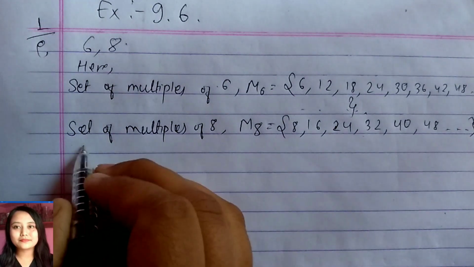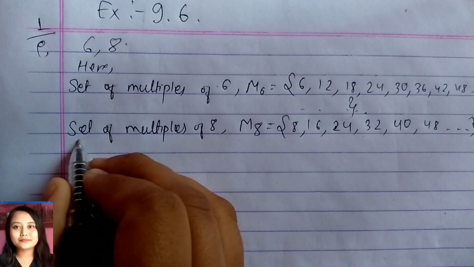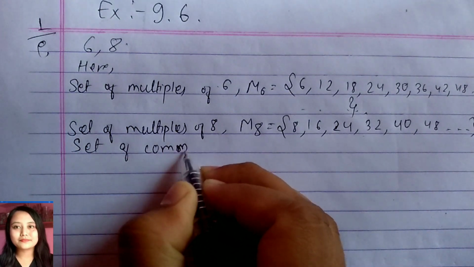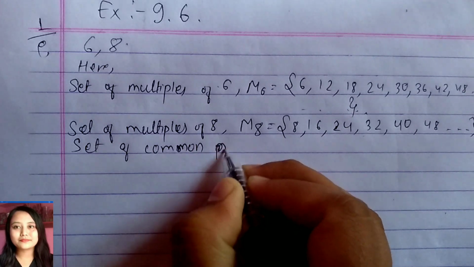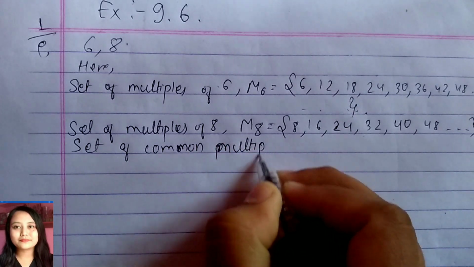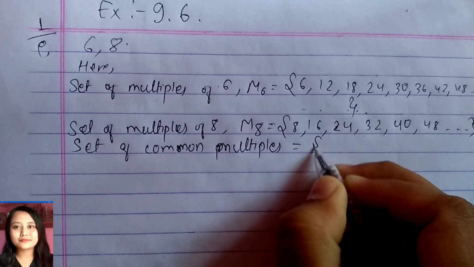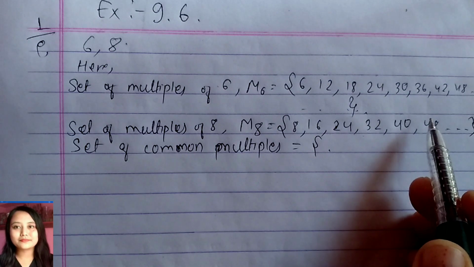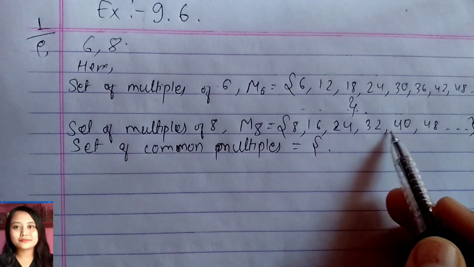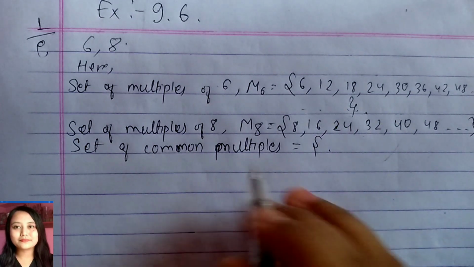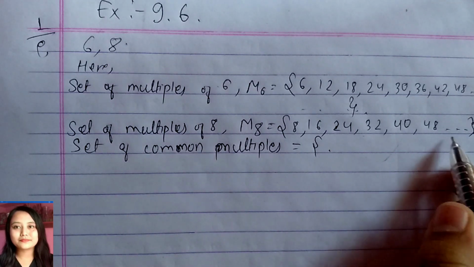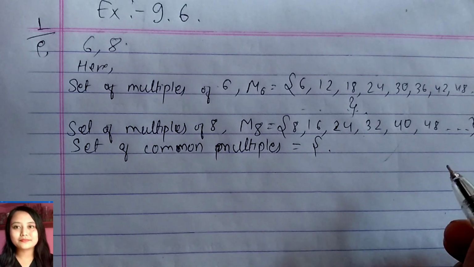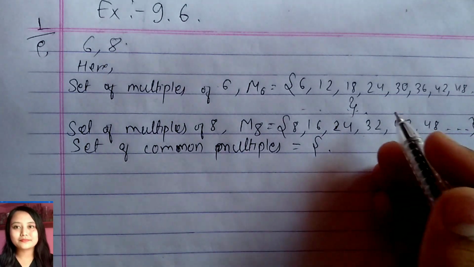Now the set of common multiples. One trick I can share is that once you get the common multiple, you can end by writing dashes, because you are here to find the lowest common multiple, so you don't need to write to the end.